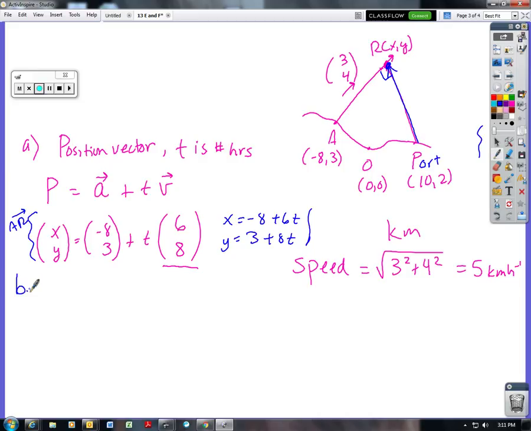Okay, so part B says find the time when the ship is closest to the port.